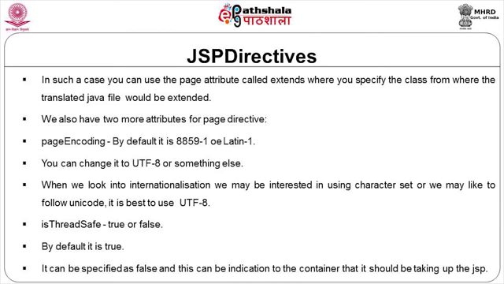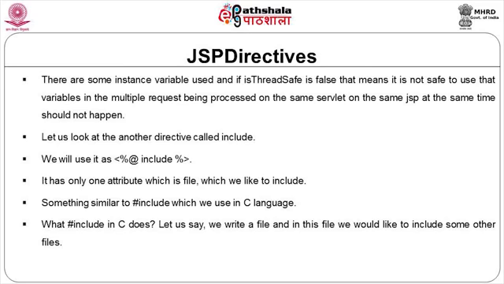That means we may have some declarations with instance variables being shared, and therefore it is not safe to be used in multi-thread. So, multiple requests being processed on the same JSP at the same time should not happen. That is something we can mention by saying isThreadSafe false, which by default should not be there. We should normally not use it that way, because it would slow things down.